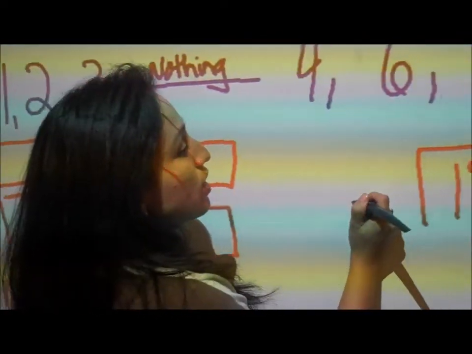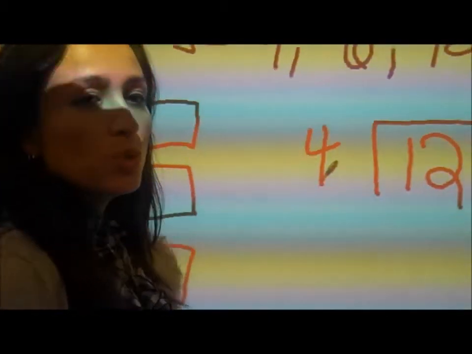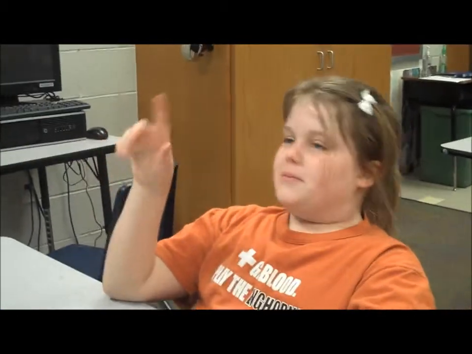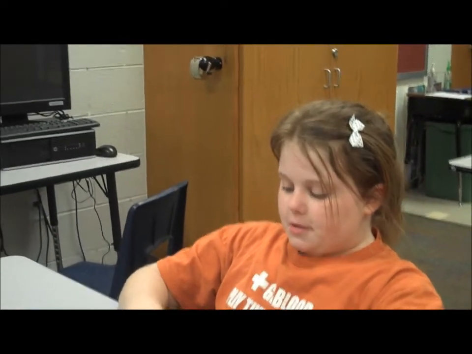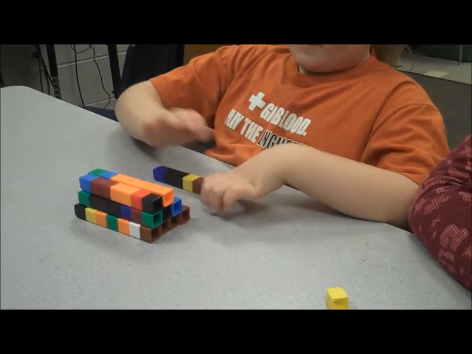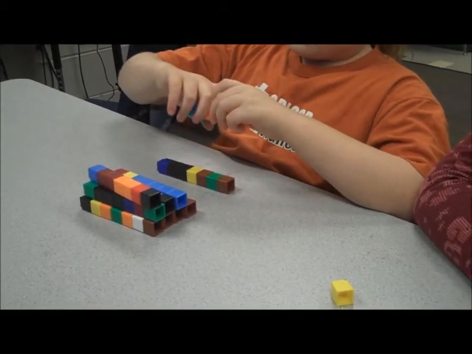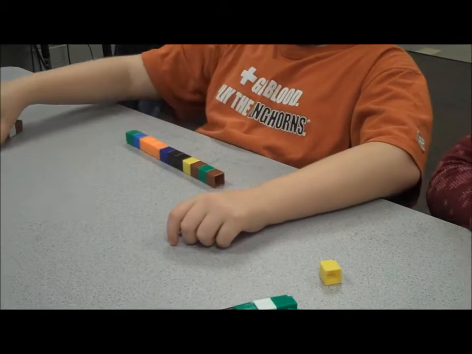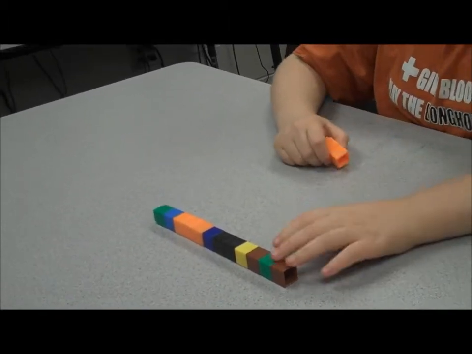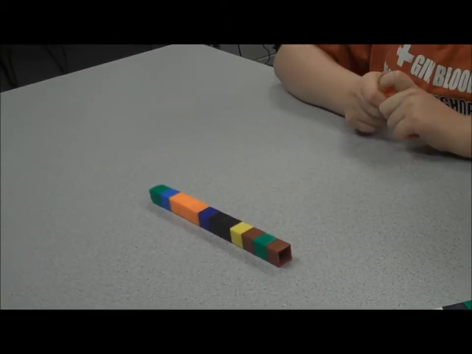let's see, we're going to divide 12 by 4. How would you do that with your base 10 cubes? You would get 12 cubes, and then you divide them into 4 rows evenly.